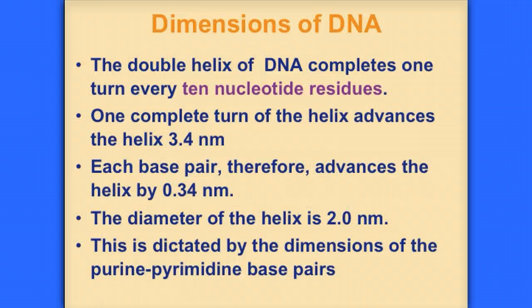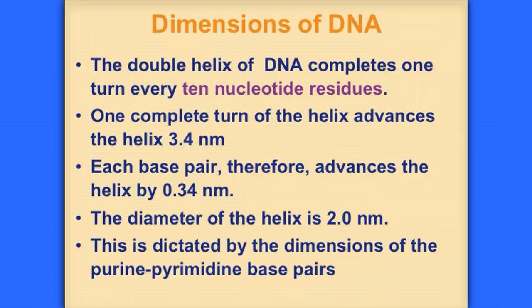Usually, a DNA would have, for every turn or every helix, a set of nucleotides or bases between them. Usually we find 10 to 11 and sometimes 12 bases.